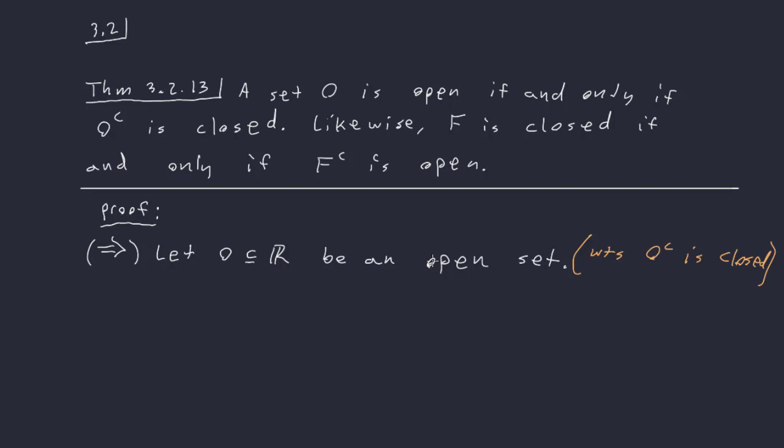So to do that, if we want to show that O complement is closed, that means we want to take a limit point of O complement and show that O complement must contain that limit point. So we want to show O complement contains all of its limit points.